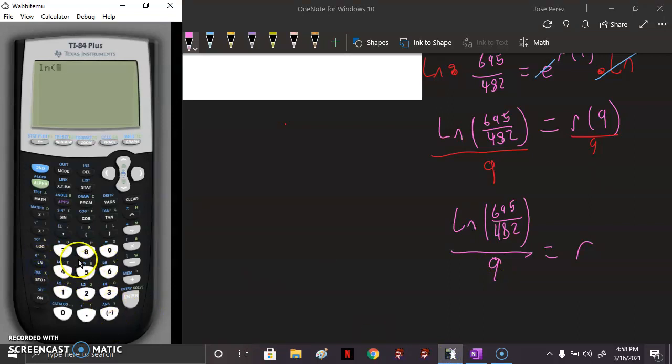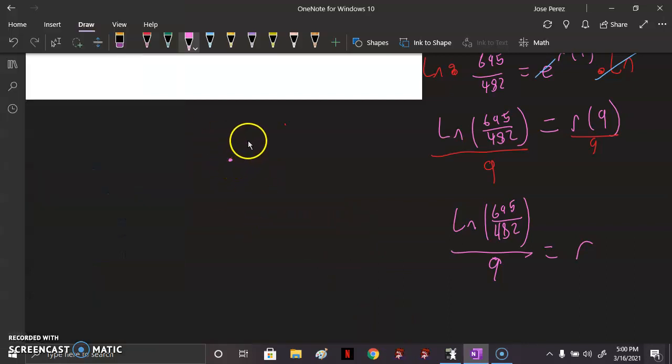So ln of 695 over 482 divided by 9. And what we get is 0.040663813. Now, we're not going to write all this, so we're going to use the first few digits. So r equals that.